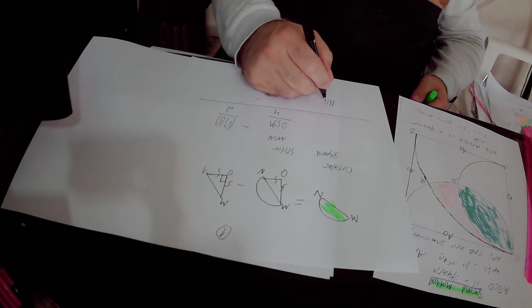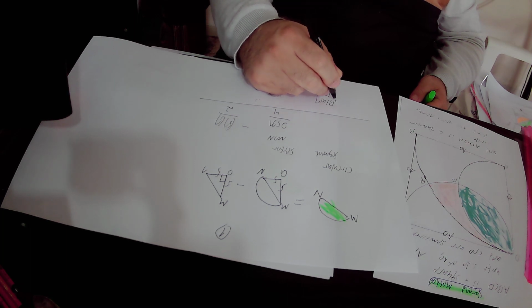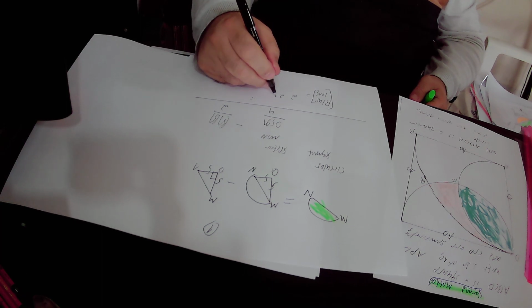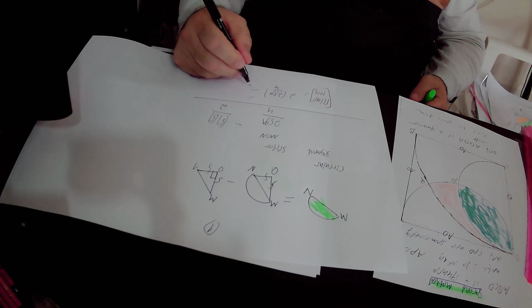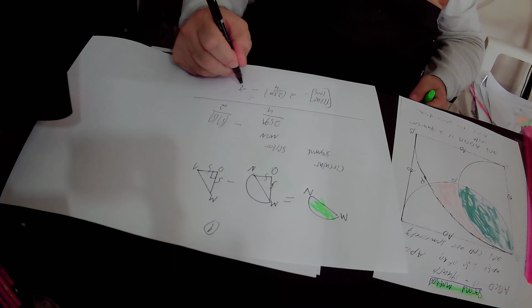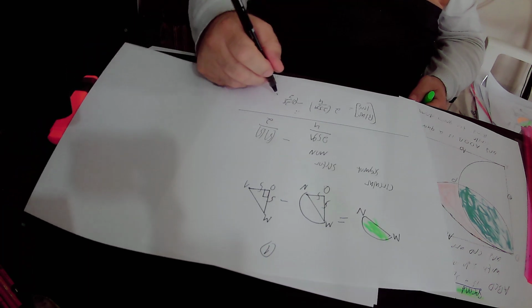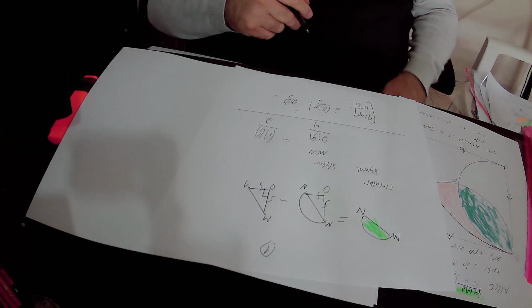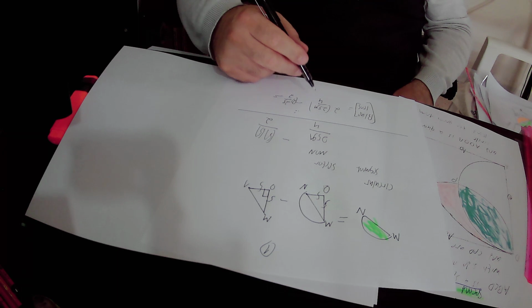So the area of the blue lens will be equal to 2 times 25 pi over 4 minus 5 times 5 over 2. In conclusion, we found that the area of the blue lens equals, here we have 25 pi.